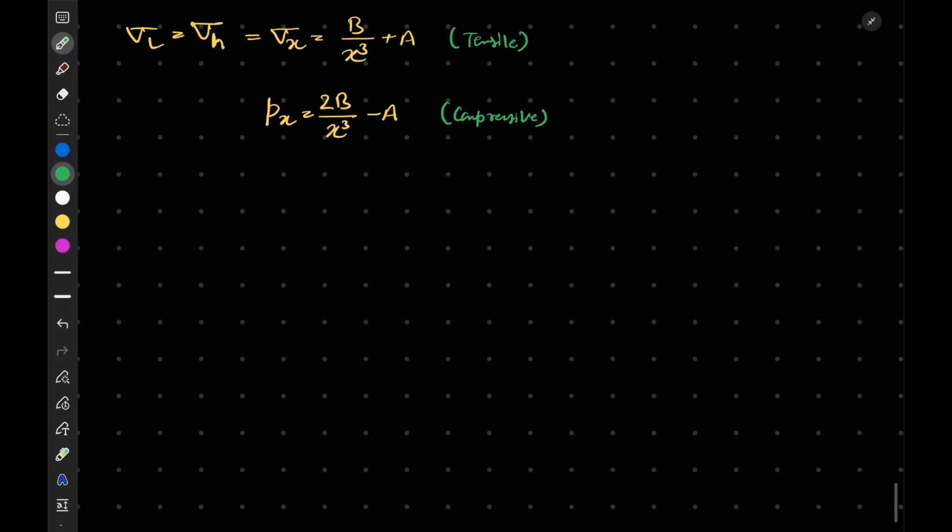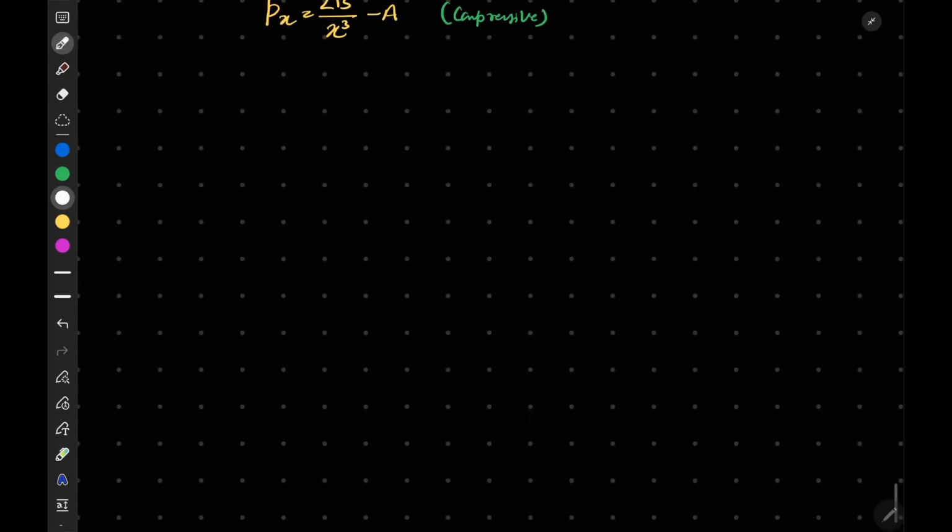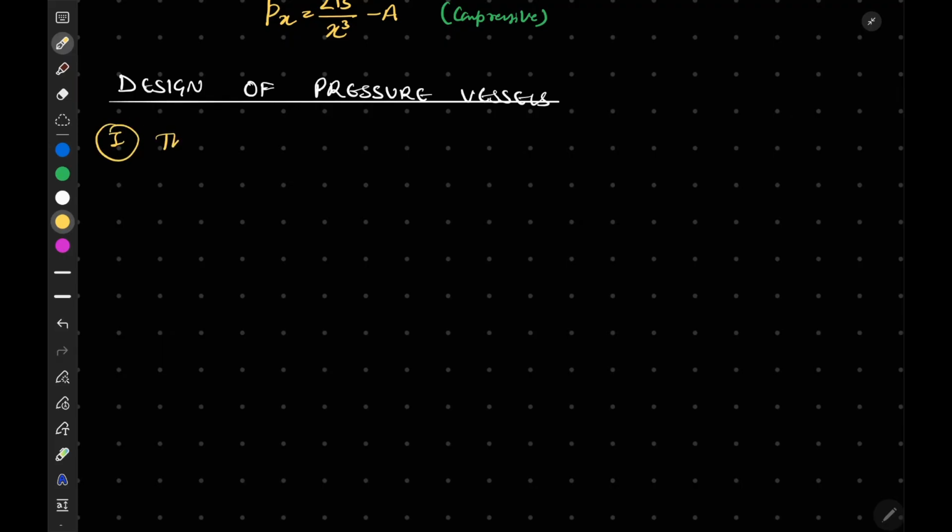Now if we talk about design of pressure vessels, first we will talk about thin cylinders.